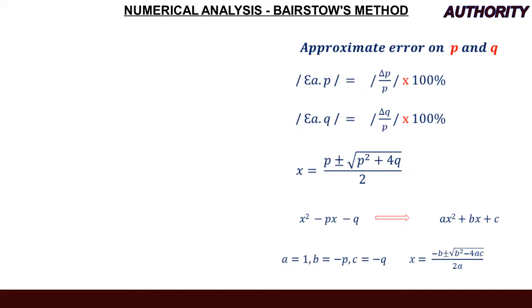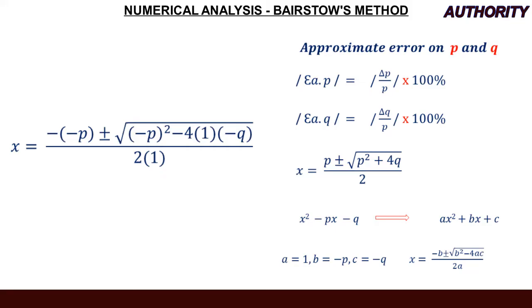Let's try it. So that means we have x is equal to minus b plus or minus square root of b squared minus 4ac all over 2a. Let's solve it. We know the value of a, we know the value of b, we know the value of c, right? Let's go. We say that x is equal to minus, open bracket, minus p, plus or minus square root of minus p squared minus 4 times our a, which is 1, and then our c is minus q, all over 2a. Our a is 1, then we have 2 times 1. Now look at it.